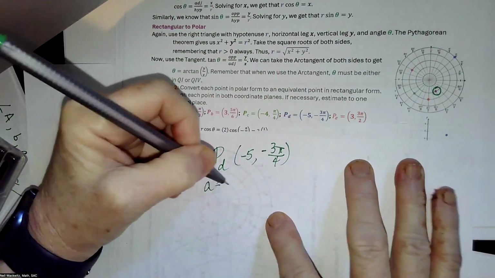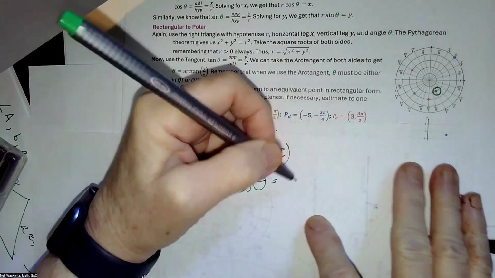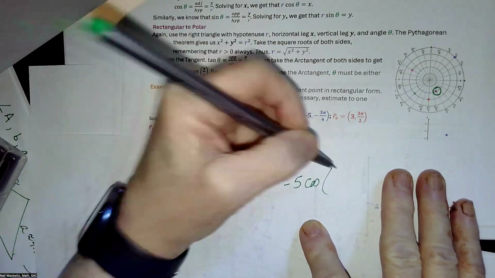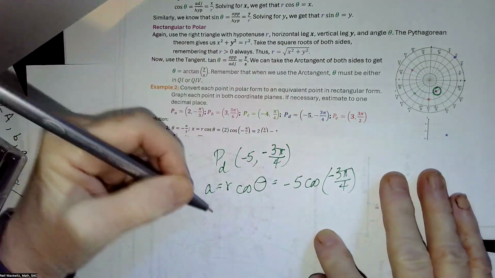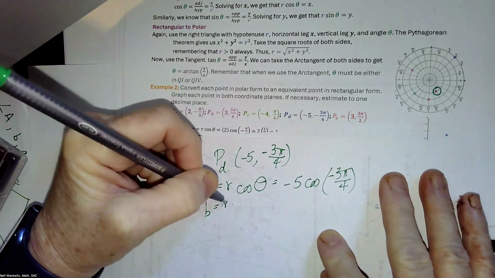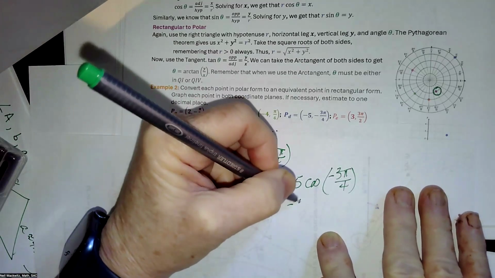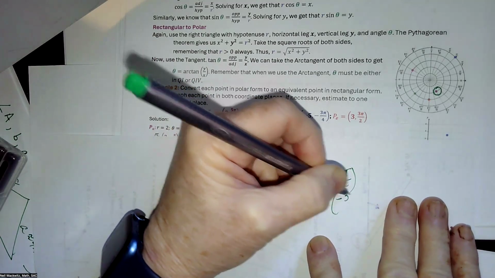So I know that little a is r cosine theta, so -5 cosine of -3 pi over 4. And that little b is r sine theta, is -5 times the sine of -3 pi over 4.